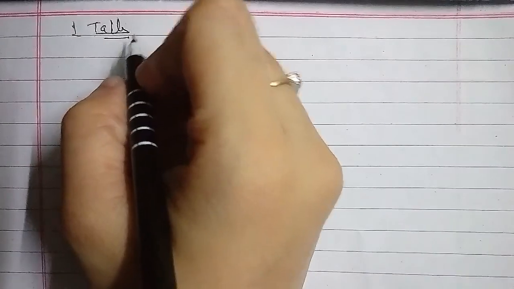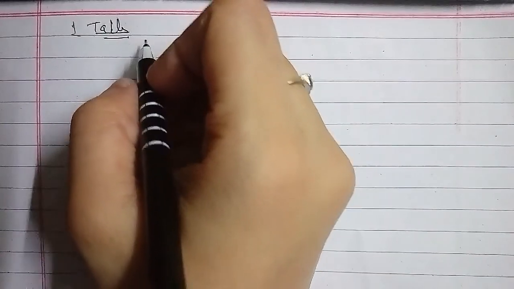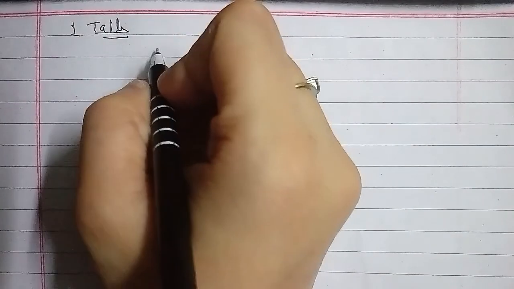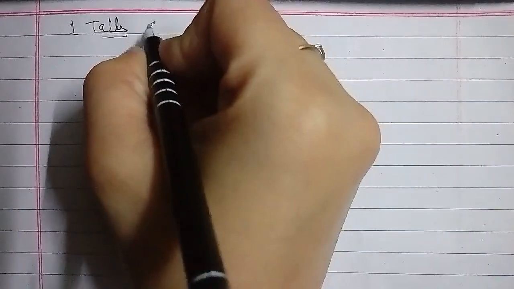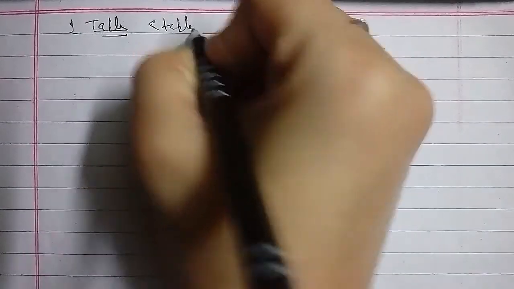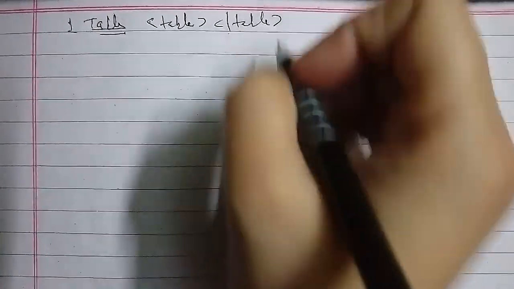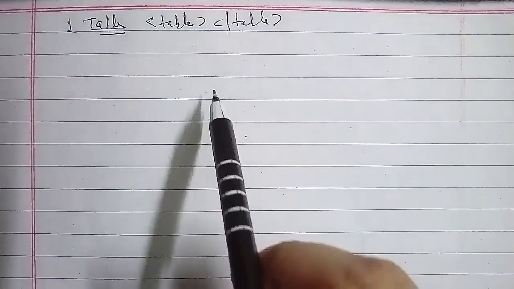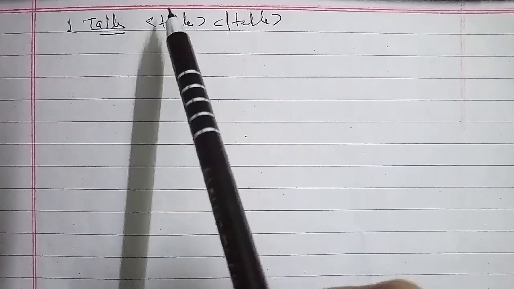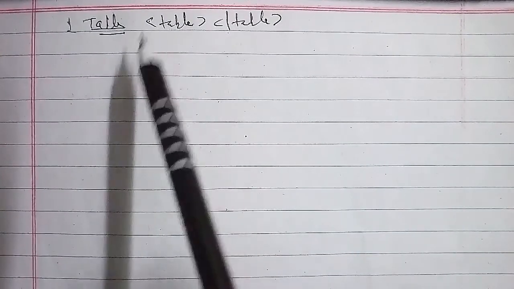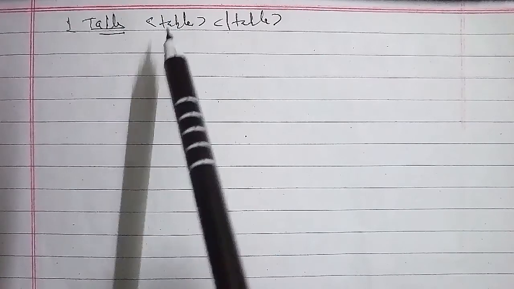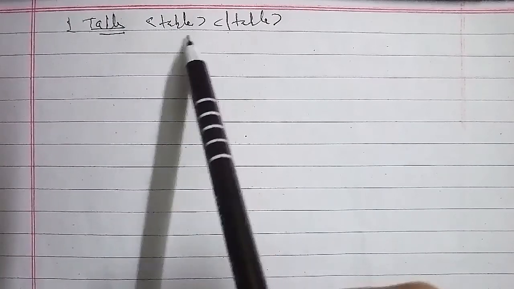With regard to it, we'll take an example where we are going to create a table, and after that I'll divide it out, where we'll discuss the frame as well, and then of course the forms. So here we'll discuss the table. Let's go ahead.